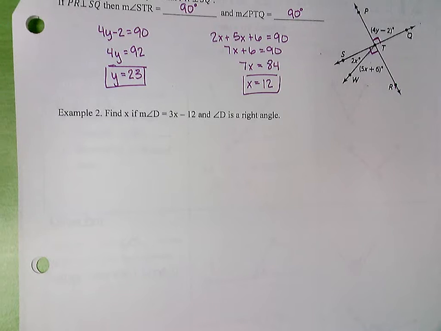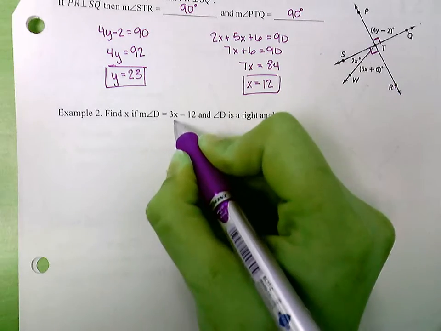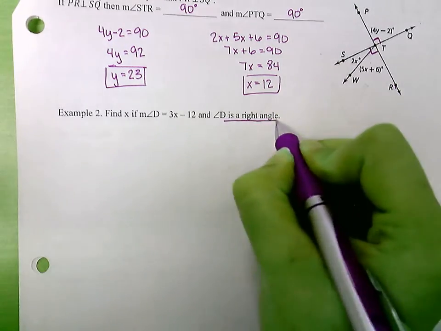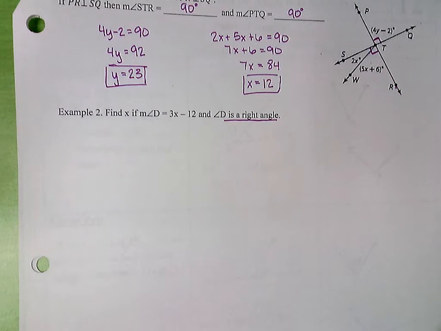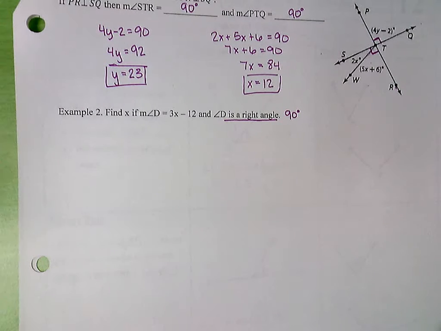Example 2, we want to find x if the measure of angle D is equal to 3x minus 12. And it's telling us D is a right angle. What does that mean? D has to equal 90 degrees, right?